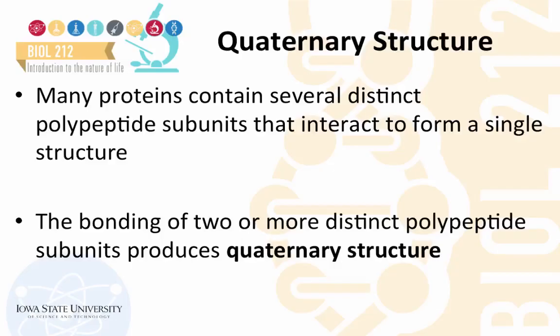The final level of protein structure is the quaternary level, where many distinct polypeptide subunits come together to form a single structure or complex having a particular function. The interaction between two or more distinct polypeptide subunits produces the quaternary structure.